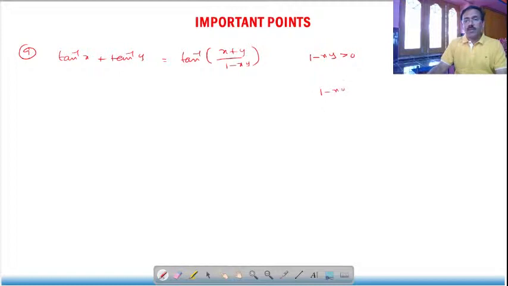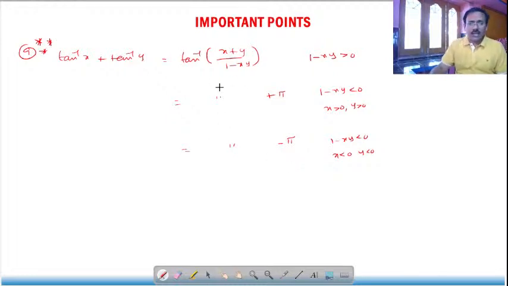If the denominator is negative, observe whether both x and y are positive or not. If yes, you write the same formula plus pi. If the denominator is negative and both x and y are negative, you write the same basic formula minus pi. This is a very important and interesting point, dear students.